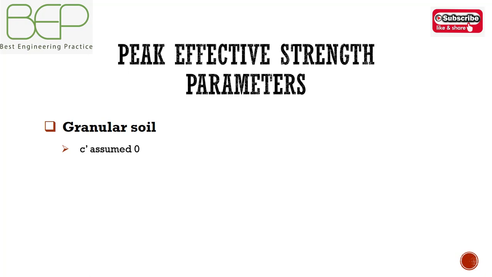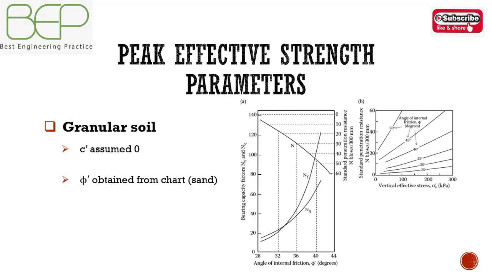They could be obtained from a series of laboratory tests on representative disturbed samples obtained during in situ investigation and recompacted through a range of density, but in practice, the effective cohesion is assumed to be zero, and the friction angle is commonly estimated from SPT or CPT values, such as given in the figure. This is for the SPT test.